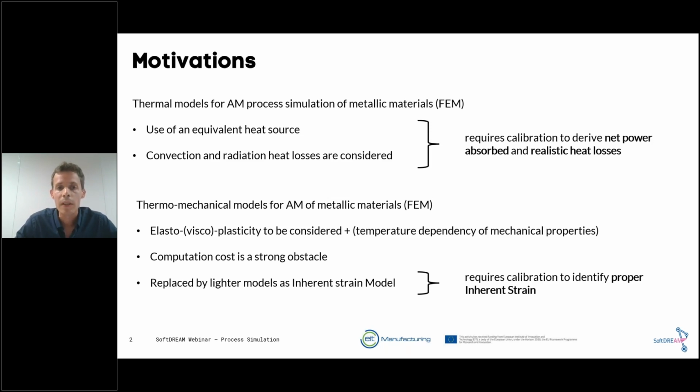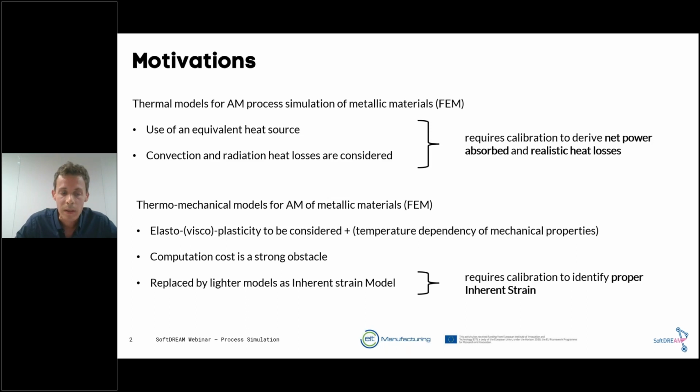So actually, the models that we use are quite simplified compared to the actual physics, and that's why the calibration is required, for instance, to derive the net power that is really absorbed by the material, or to take into account realistic heat losses.